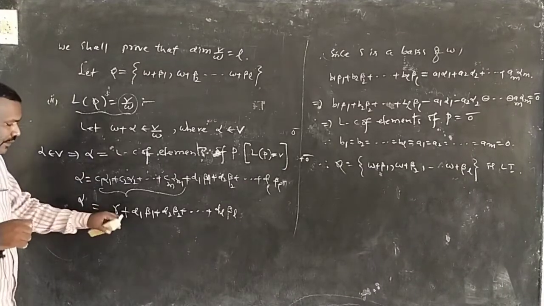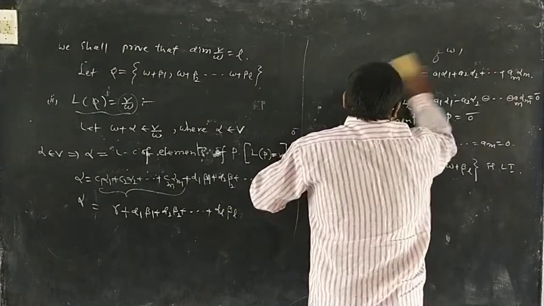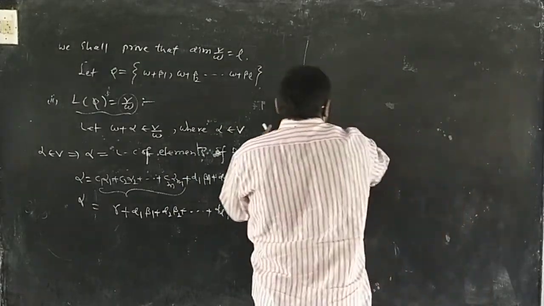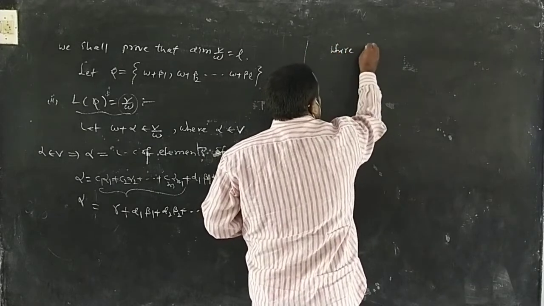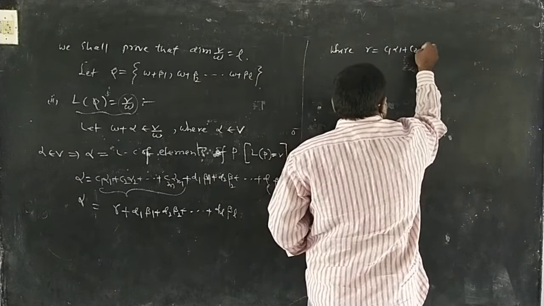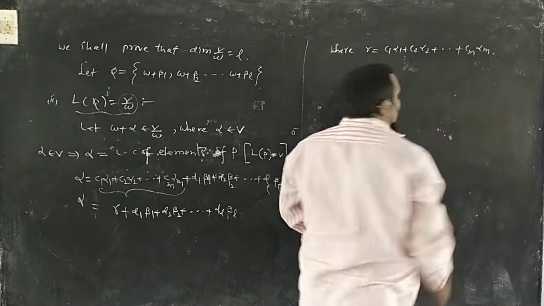Alpha equal to, what is gamma here? Where gamma equal to C1 alpha 1 plus C2 alpha 2 plus and so on plus Cm alpha m.